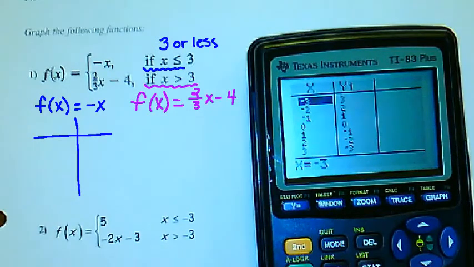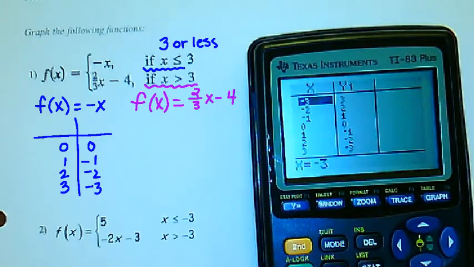So I'm just going to start at 0, 1, 2, 3, so 0, 0, negative 1, negative 2, negative 3.